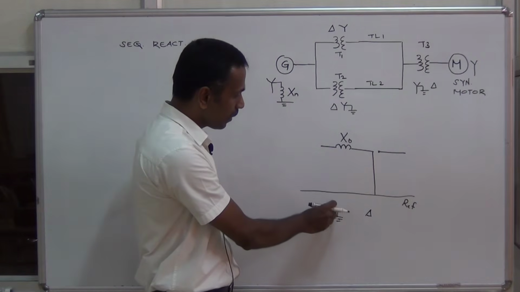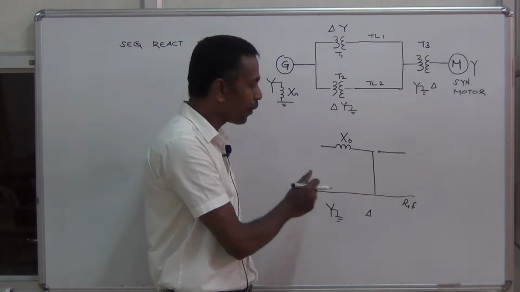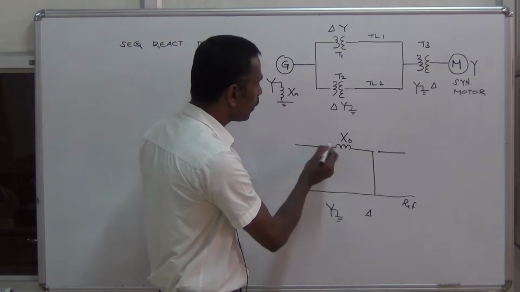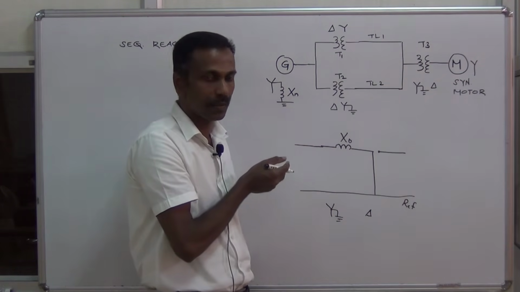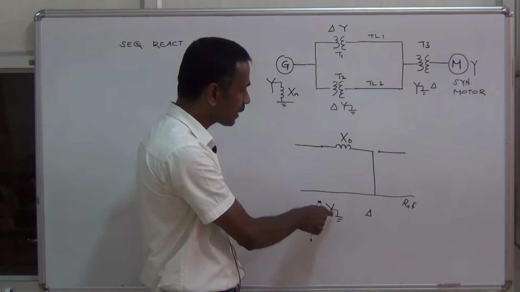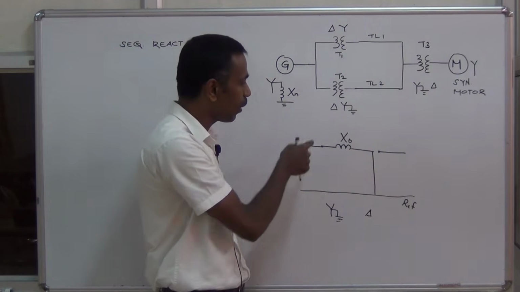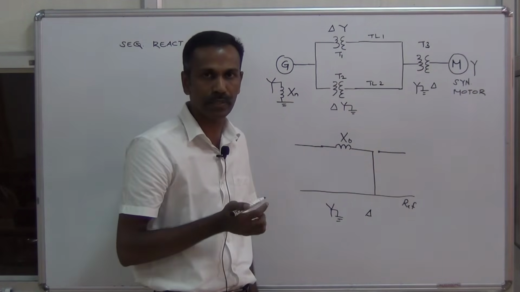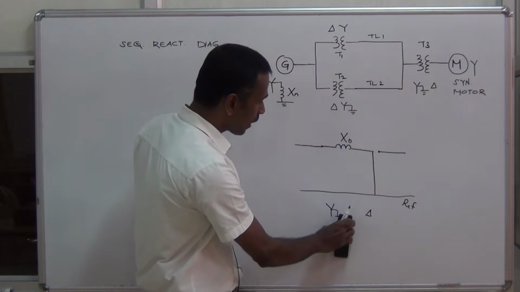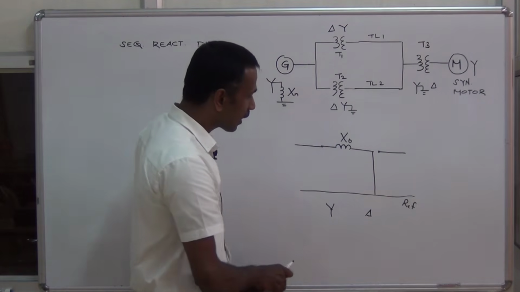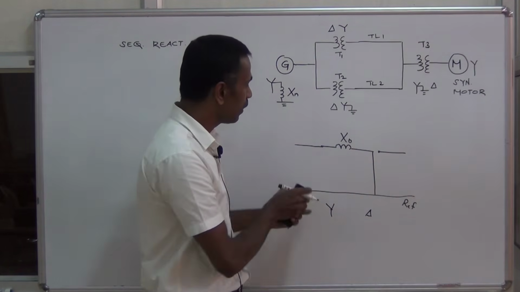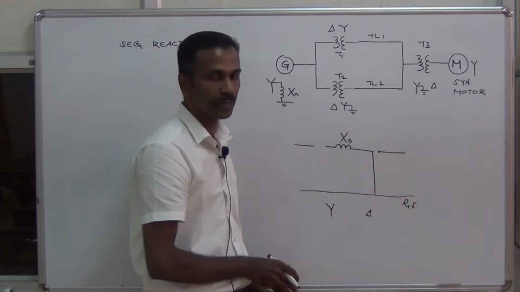Whenever you see the star connection with neutral grounding, you make the connection complete, because the zero sequence currents can flow through this neutral grounding. That's why this circuit is complete. Instead, if you consider the star connection without neutral grounding, this should be kept open.